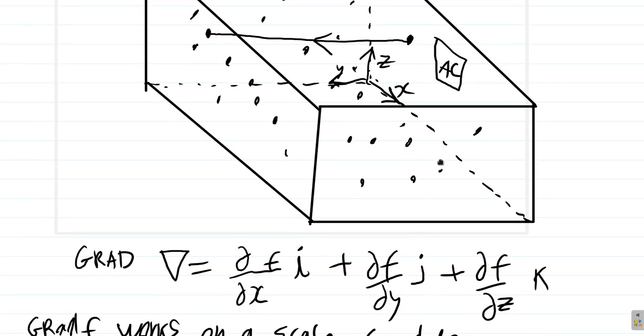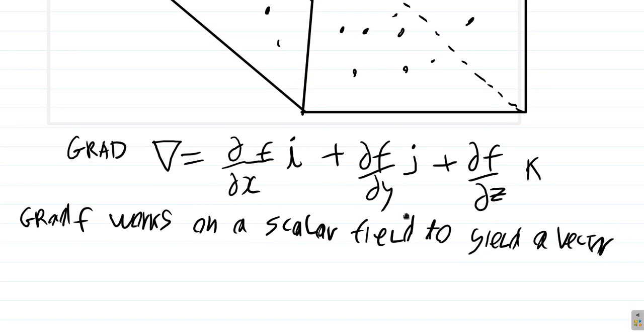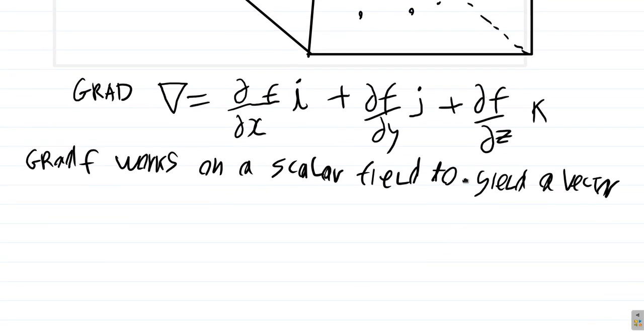Because remember, the scalar field here was temperature, but the gradient shows you the magnitude, the difference between the highest and lowest, and the direction at which that change is occurring, the magnitude and direction of the greatest rate of change of temperature. So it works on a scalar, right? The gradient works on a scalar, not on a vector.